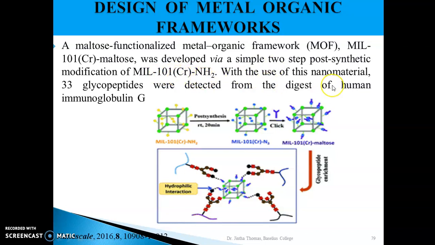With the use of this nanomaterial, 33 different types of glycopeptides were detected from the digest of human immunoglobulin G. So, just by a simple process of post-synthetic modification, we could make use of MIL101 for sensing applications and for sensing 33 types of glycopeptides.